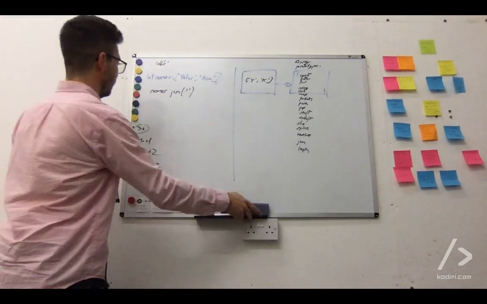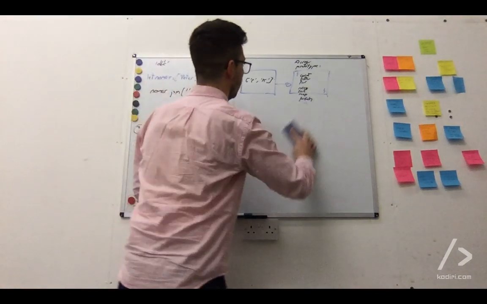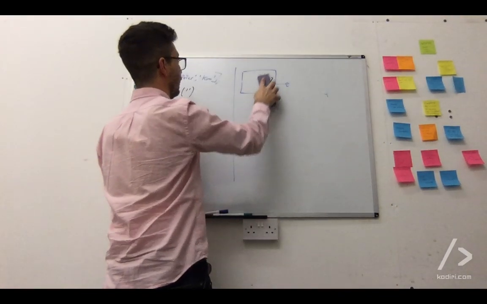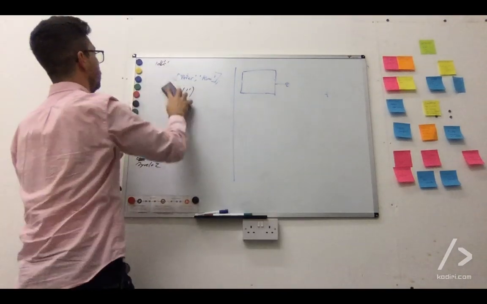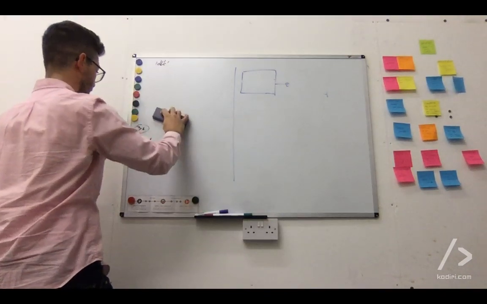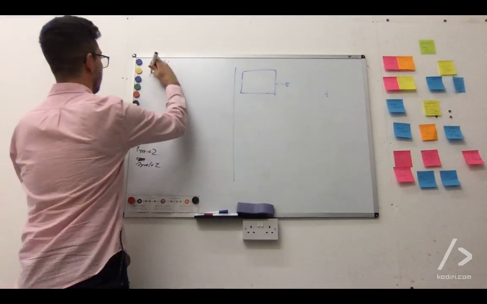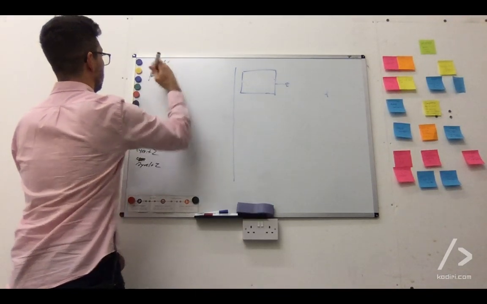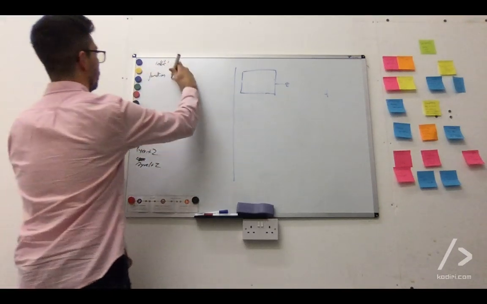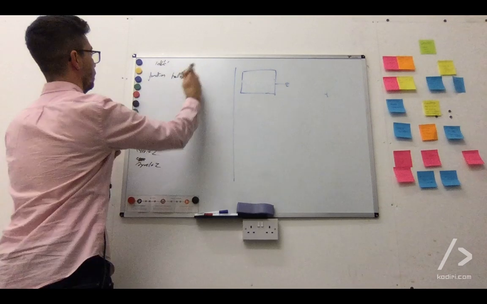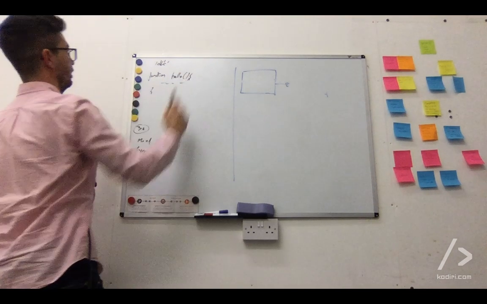Let me display another example. So what happens if we talk about functions, right? So I'm going to create a function. The function is going to be function hello, with whatever.